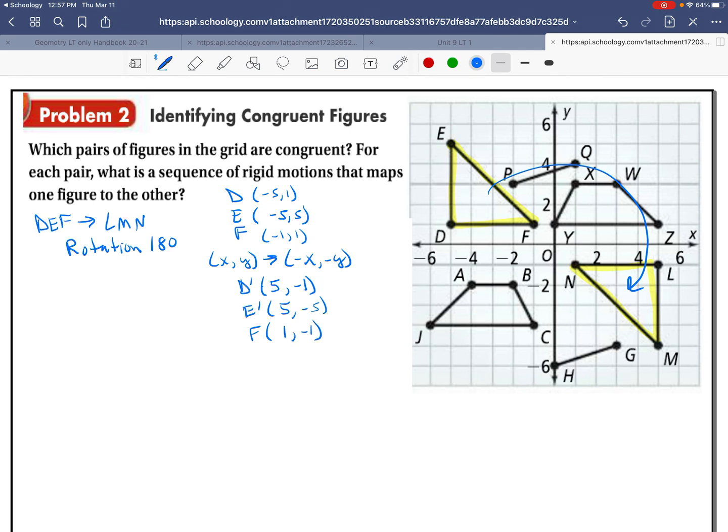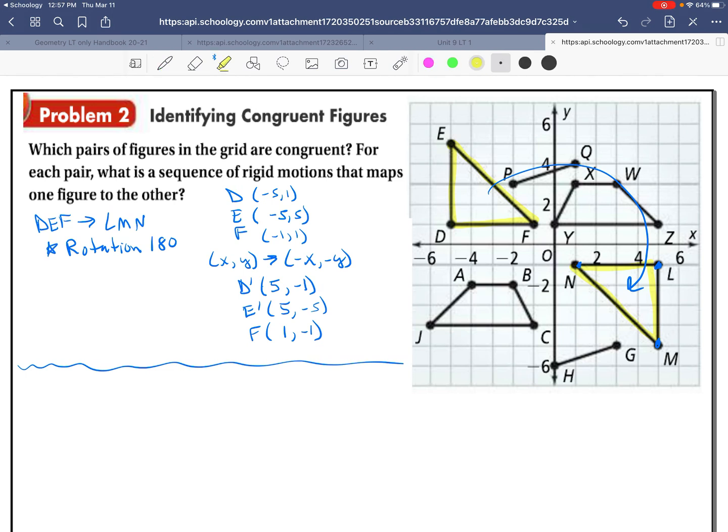And if I plot those, (5, negative 1), (5, negative 5), I get this triangle. So that is my transformation that proves rigid motion with those two triangles. And my sequence of rigid motion is a rotation of 180.